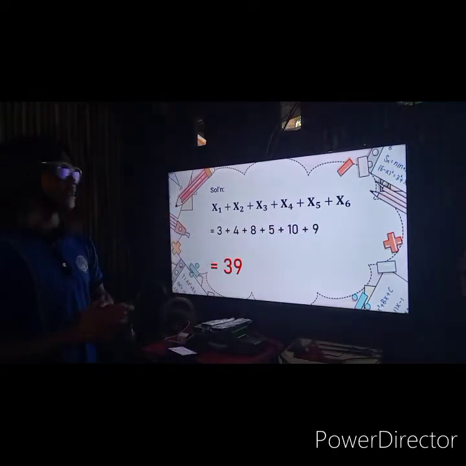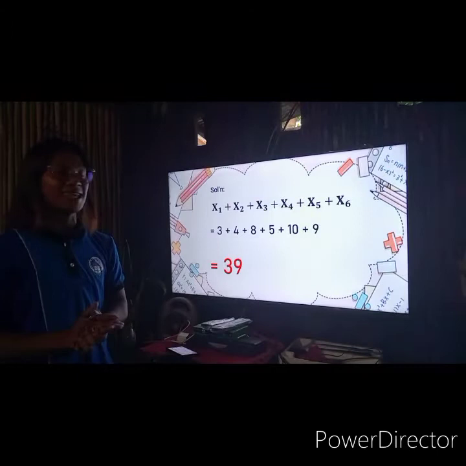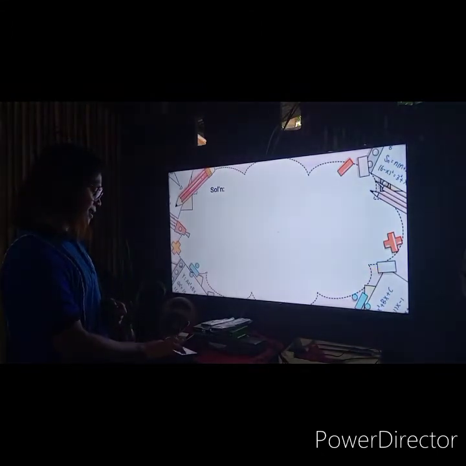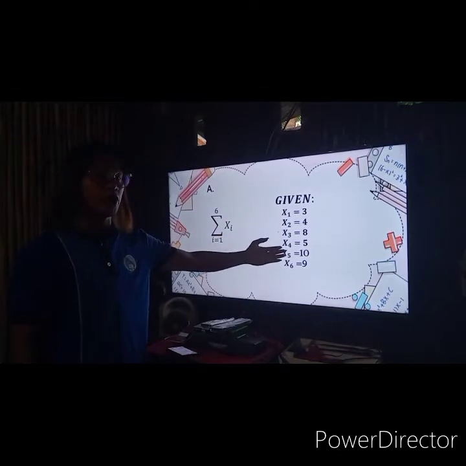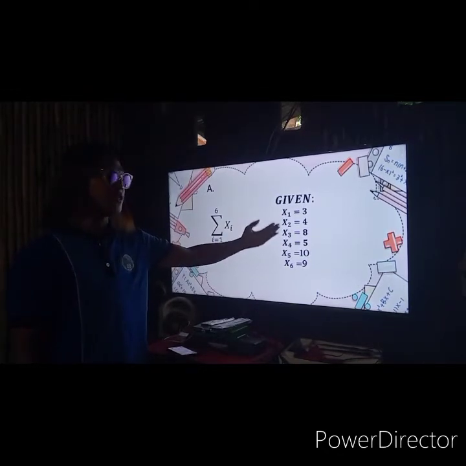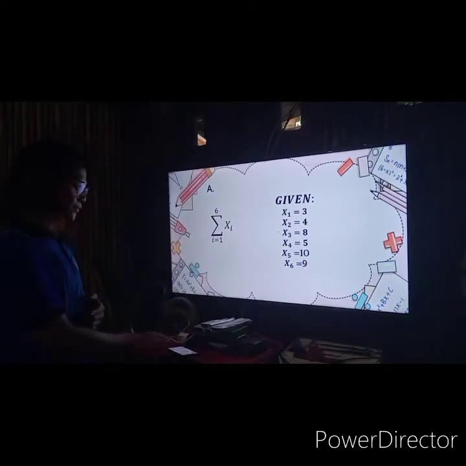All you need to do is to substitute the numbers equivalent to each x. These are our givens that we will substitute to those x's.